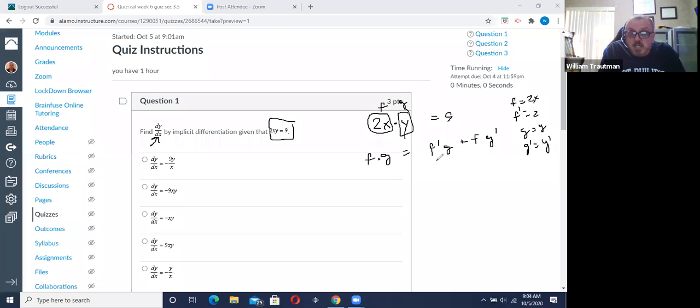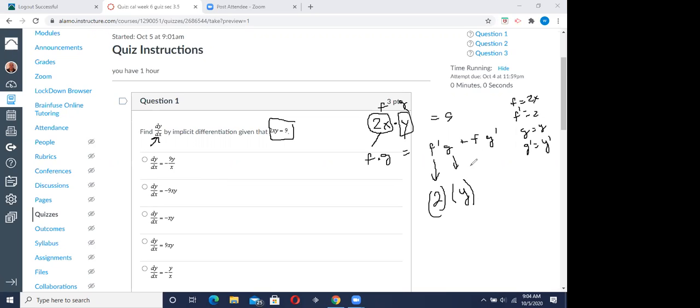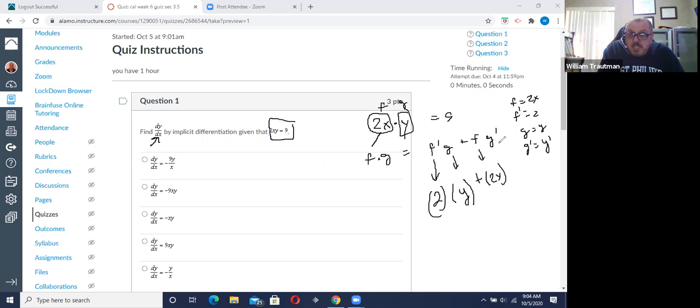So if I look at this problem, first F prime is 2, G is just y, plus F is 2x, and the derivative of y is y prime.